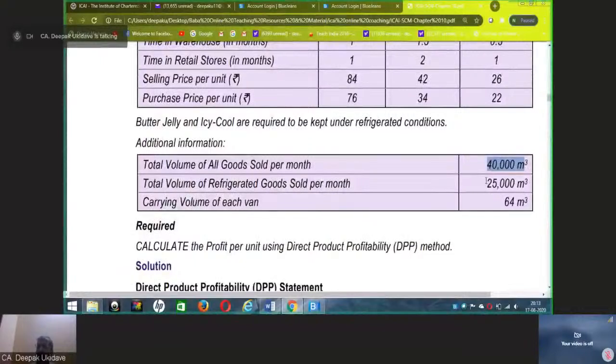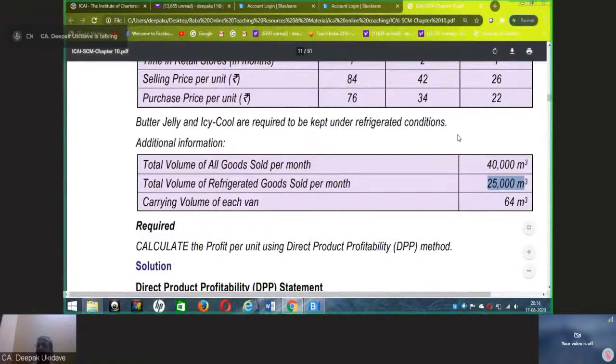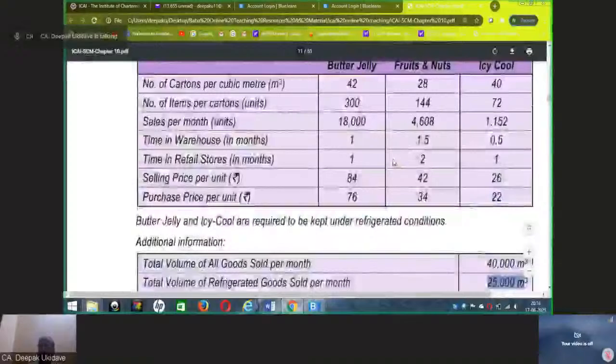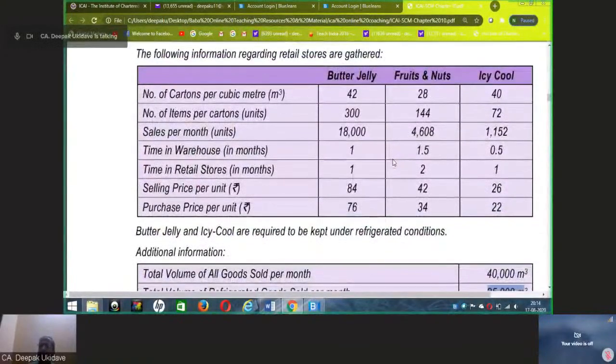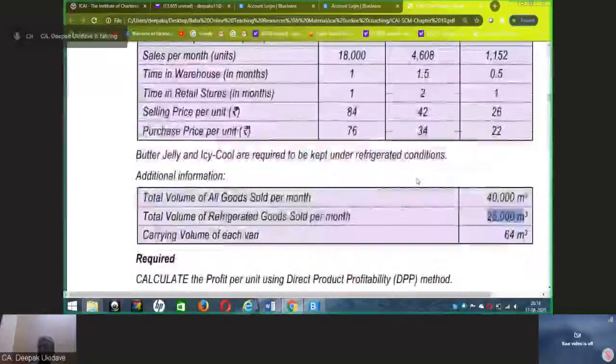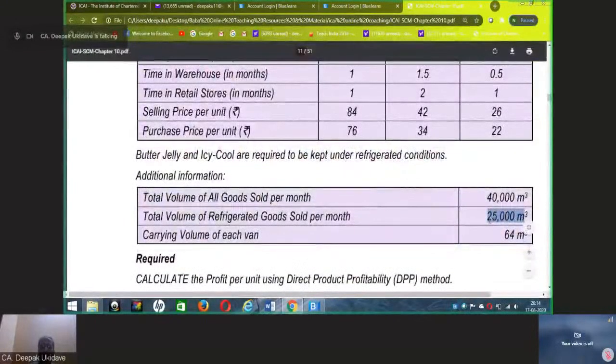So when it comes to allocation or apportionment of these overheads for each product, the first and third products, butter jelly and IC cool, we will take in refrigerated vans, and fruit and nut in general transport. So for butter jelly and IC cool, we will divide the cost or overheads on the basis of 25,000 meter cube, whereas for the other product, we divide the total cost on the basis of 40,000.